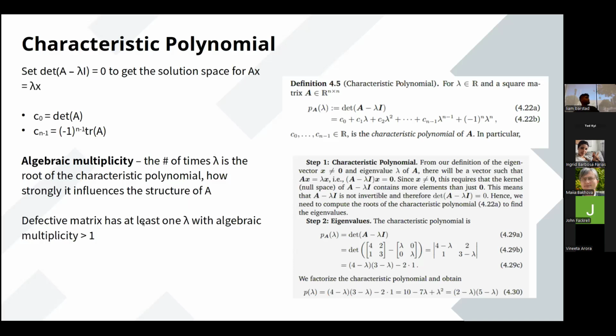And a defective matrix has an eigenvalue with an algebraic multiplicity over 1. Defective meaning not full rank. And so that could kind of make sense. But I forget how to articulate that.